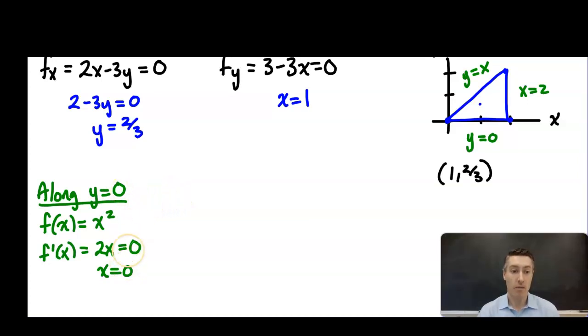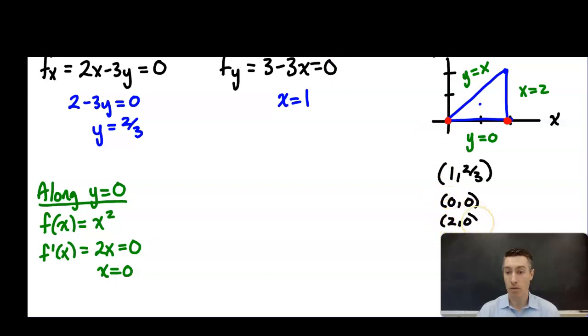Now, technically, we shouldn't count this as an extrema point because it is the endpoint of that boundary curve, but we're going to include it anyway because it's an endpoint. So regardless of how we think about it, (0, 0) needs to be added to our list. The other endpoint of that boundary curve is (2, 0).